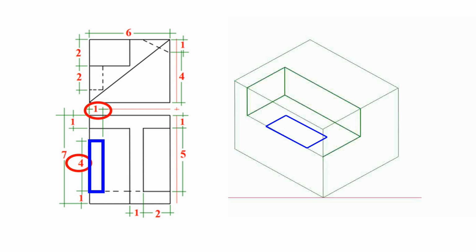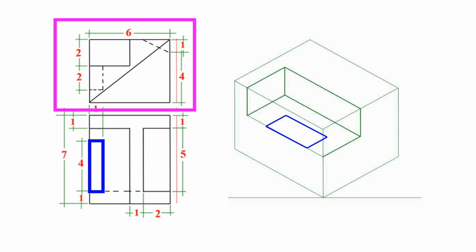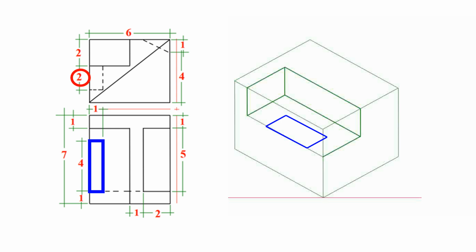A rectangle on a flat view is just a shape. To give it volume, to make it a real 3-dimensional feature, we need the third dimension. Where do we find it? We look to the front view. And there it is. From the front view, we see a measurement of 2 units.